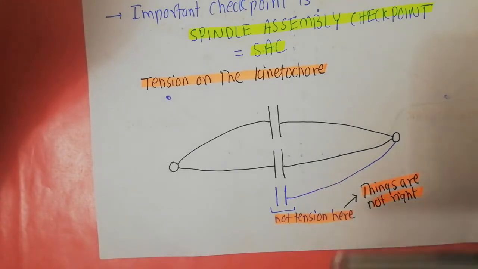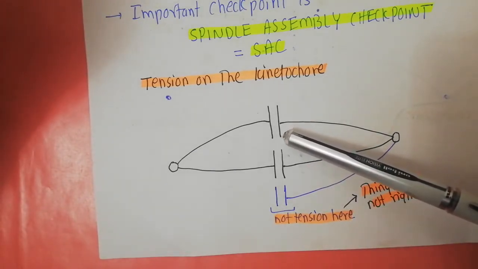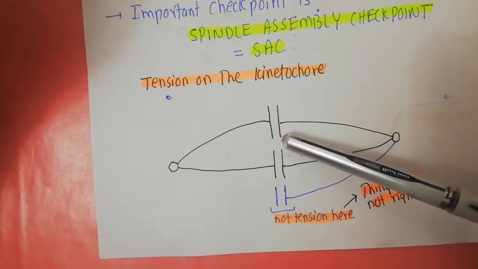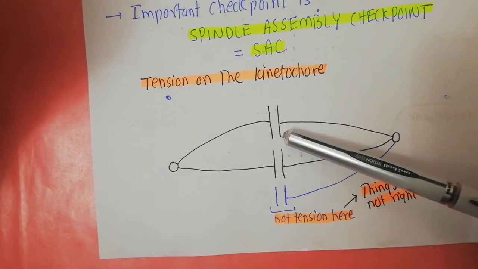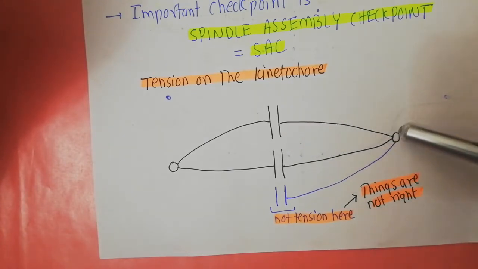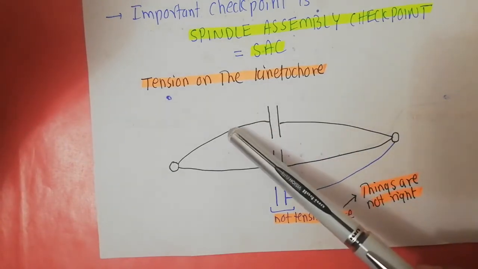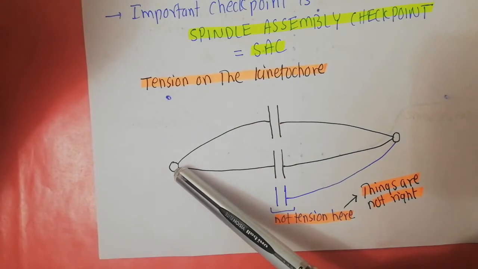Now, when the microtubules get attached to these sister chromatids and want to pull the sister chromatids to the opposite poles, like if you see, this member of this particular pair is attached to the kinetochore microtubule from this pole, and this member of this pair is attached to the kinetochore microtubule from this centrosome.